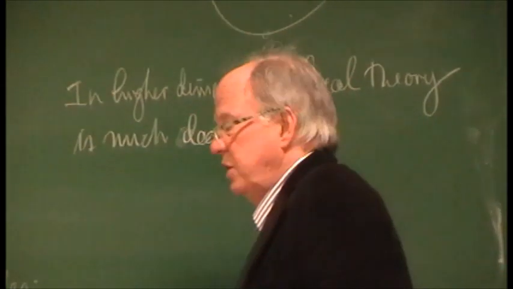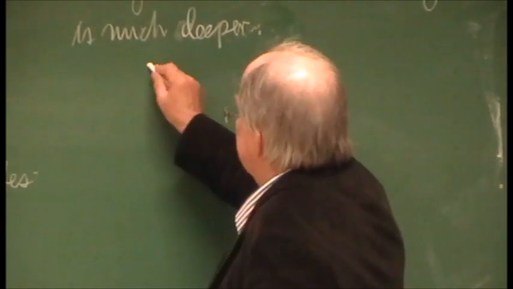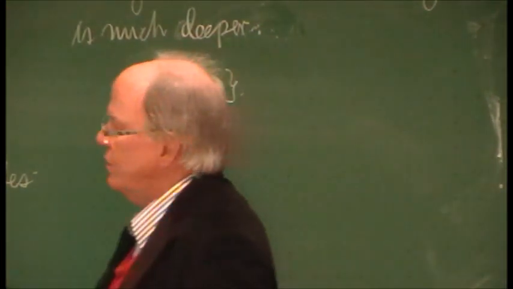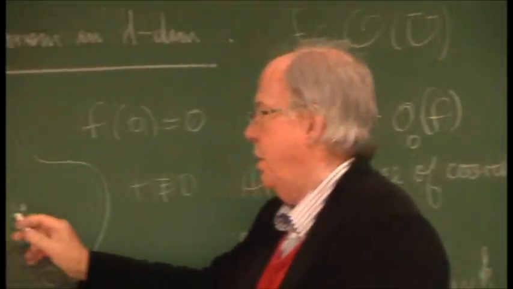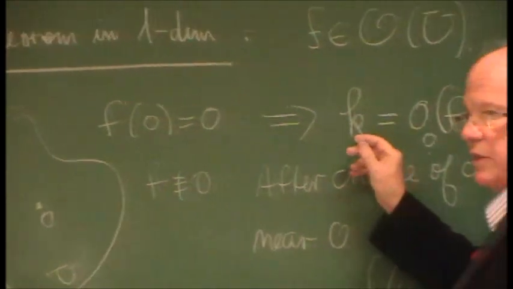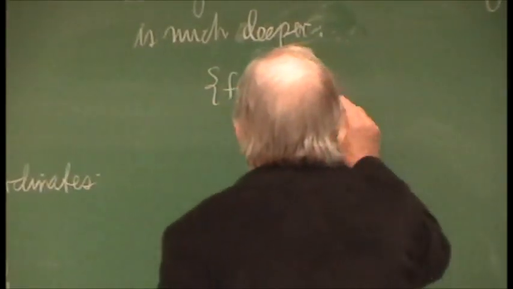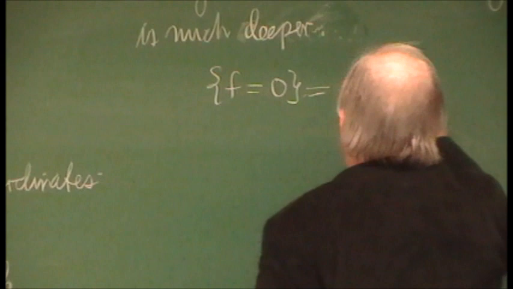And the reason it's much deeper is that the set where a function vanishes locally, here, is just a point, and all we need to do is say what is the multiplicity of vanishing at the point. But in higher dimensions the set where this vanishes is of one complex dimension.